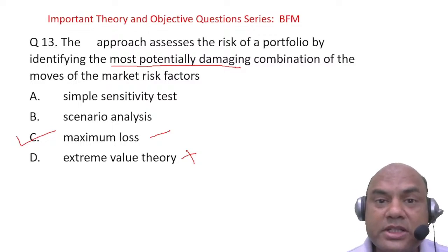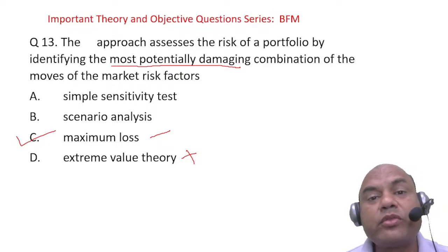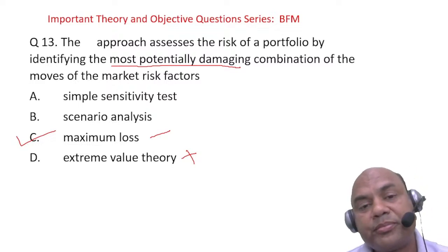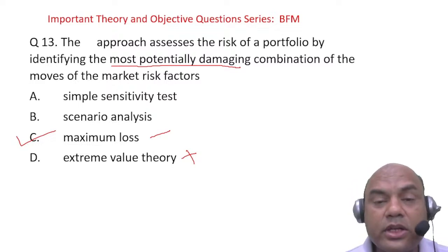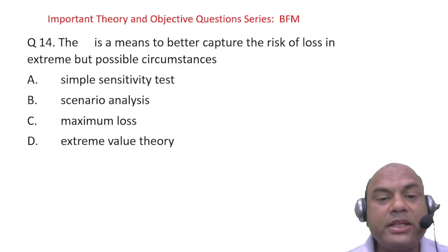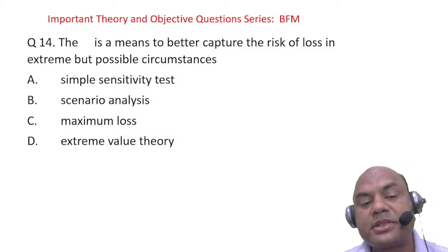People facing isolation. All these came at the same time, and because of this, what can be the total impact on my economy? So that is known as the maximum loss theory. The dash means the means to better capture the risk of loss in extreme but possible circumstances.